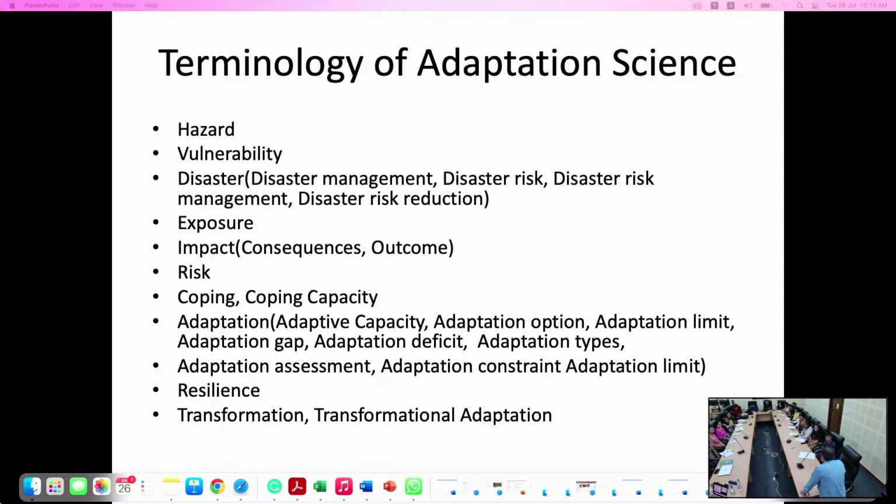Just tell me, when you say hazard, what it means to you. Loudly. Danger. Okay. Close to the meaning. Yeah, of course. If there is something dangerous, you call it hazardous, right? It could be a hazard. Anything else?